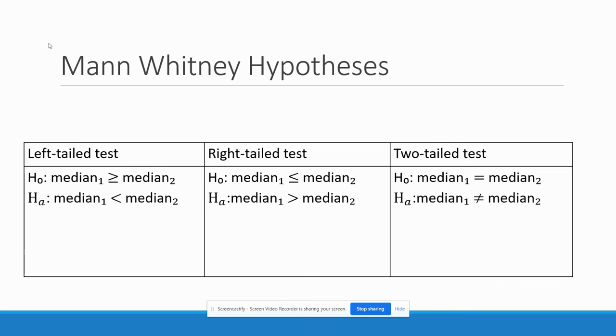For the right-tailed test, the null is the median of group one is less than or equal to the median of group two, and the alternative is the median of group one is greater than the median of group two. For the two-tailed test, the null hypothesis is the median of group one equals the median of group two, and the alternative is the median of group one does not equal the median of group two. Okay, so those are your hypotheses.